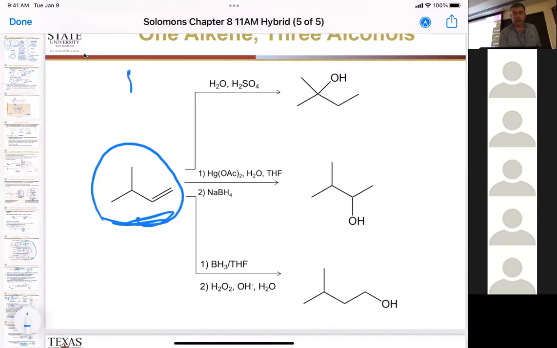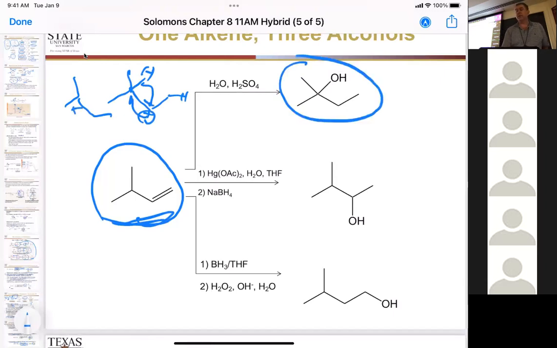Remember that the first step is adding that hydrogen here, and we get our carbocation here. That's a secondary carbocation, and we have a hydrogen here. It can do a 1,2 hydride shift, shifting the carbocation here and the hydrogen over here. That gives us our tertiary carbocation, which gives us our tertiary alcohol.